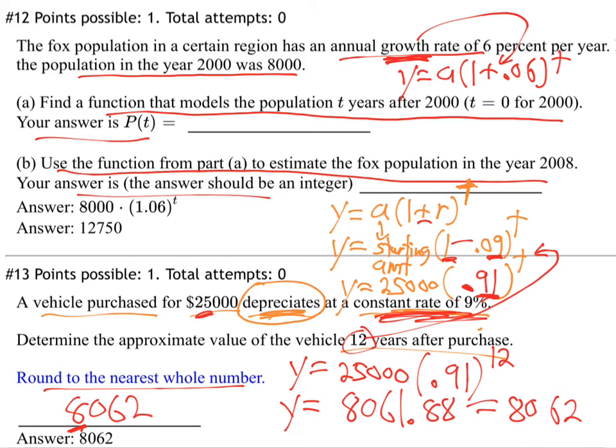And this one, number 13, was a depreciation, so it was a negative growth. The rate was negative 0.09. So we use this formula whenever they give us a rate of growth, increasing or decreasing. It's positive for the increase, negative for the decrease.